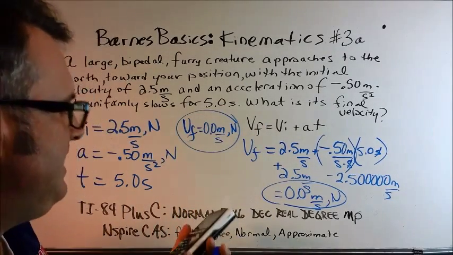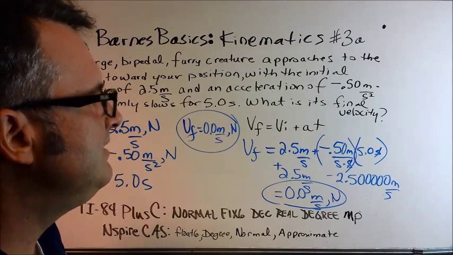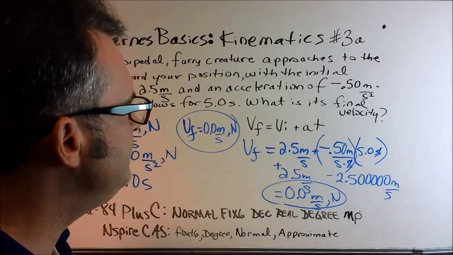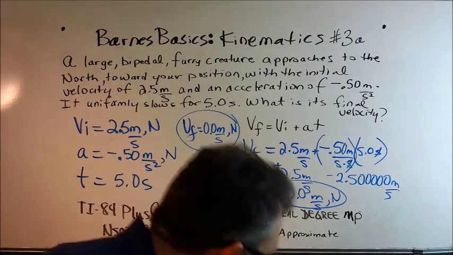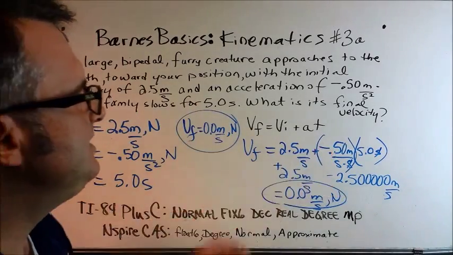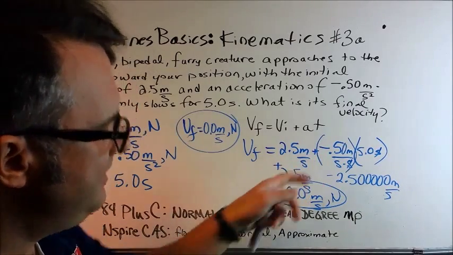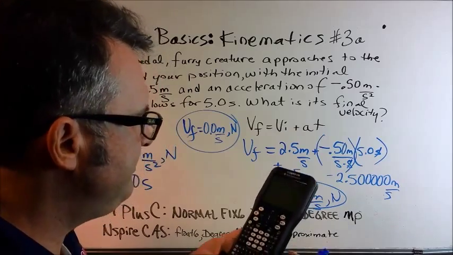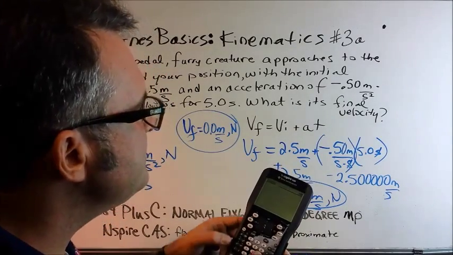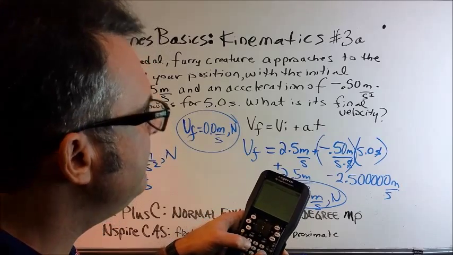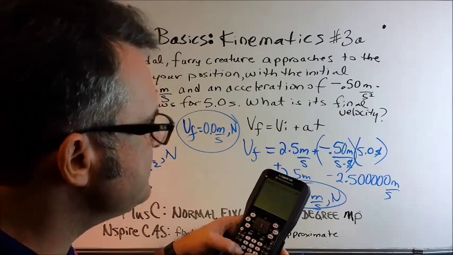We didn't really even have to use the calculator for the whole operation, because it was kind of intuitive. Let's try this in the TI-Nspire, because the issue on this problem is getting the negative into the number. Same thing, at the bottom right of the keypad is the negative. So let's say negative 0.50 multiplied by 5.0.